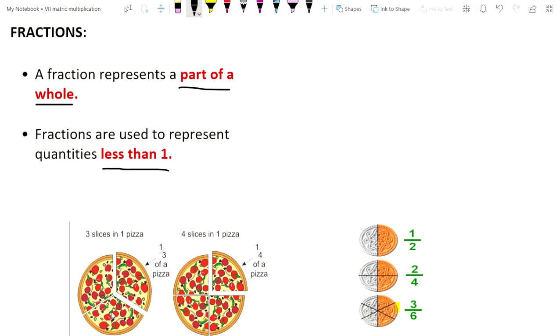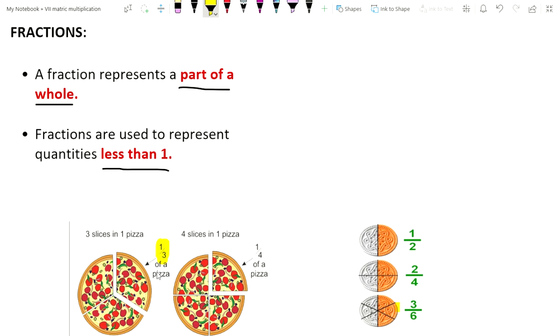Equal. So the pizza is divided into 3 equal parts, and one part represents 1 by 3. It means totally we have 3 parts and I have taken only one part, so it represents 1 by 3.